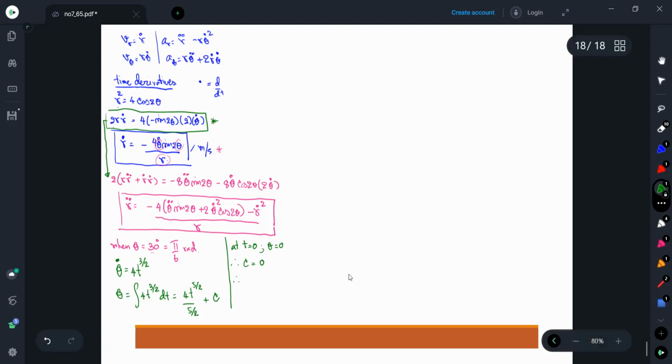That's why we got theta equal to 8 over 5 t to the power 5 over 2 now. We have this term.